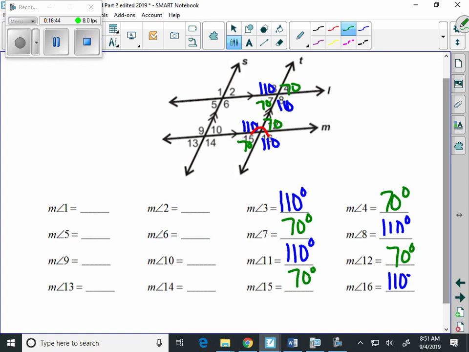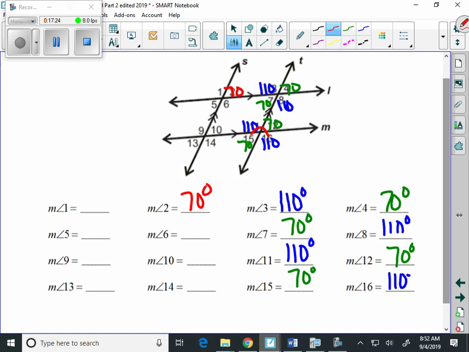Because what I see here, if I start with these 70s, is 70 is on the top and to the right, compared to parallel lines S and T, with the transversal then being L. So since angle 4 is 70, angle 2 is also 70. See how they're in the same place? So angle 2 is 70 degrees.